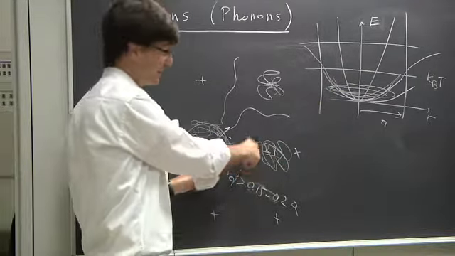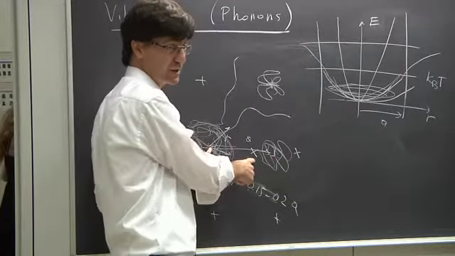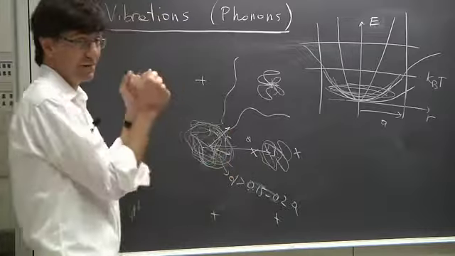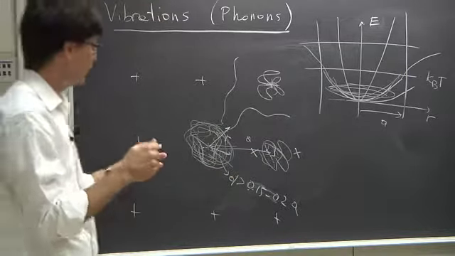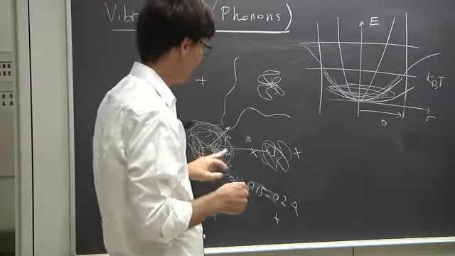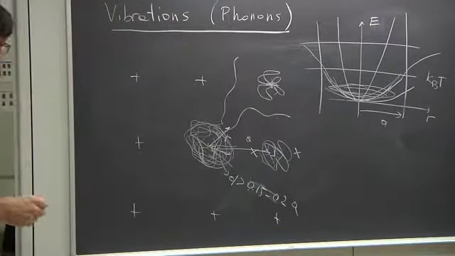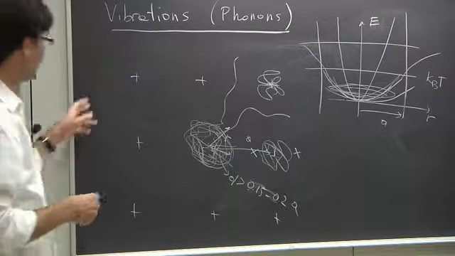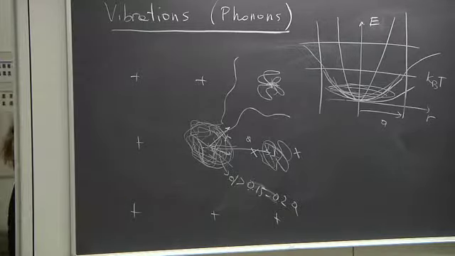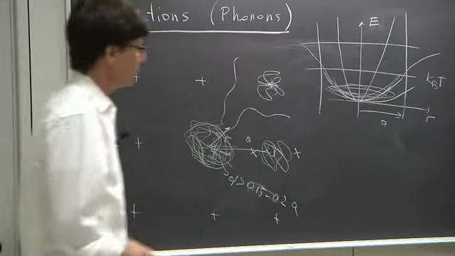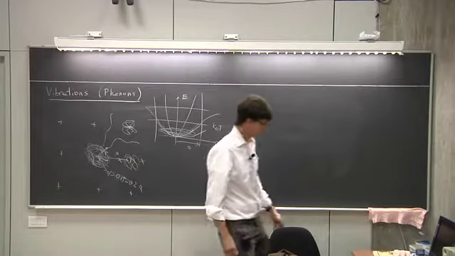If the other particle is closer, the potential of interaction will be much stiffer. Okay, so the dynamics of this object will be tightly correlated to the dynamics of the other one, of course. And similarly with all the other atoms.